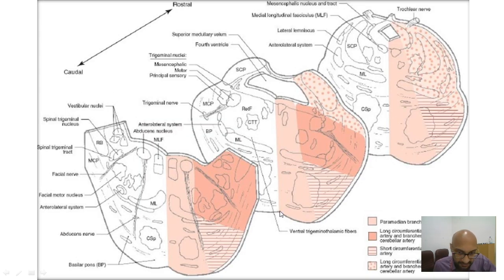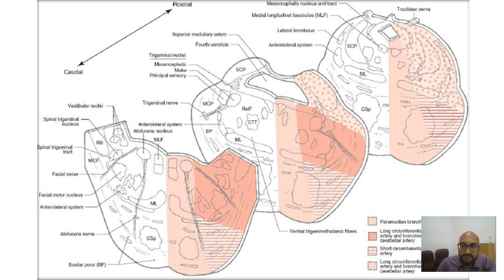Now this is something that is extremely important when it comes to neuroanatomy: wherever your nerve fibers or nuclei are located, it is mandatory that you understand and know the blood supply of that region, because in neuroanatomy as well as in neurology, it works like mathematics.